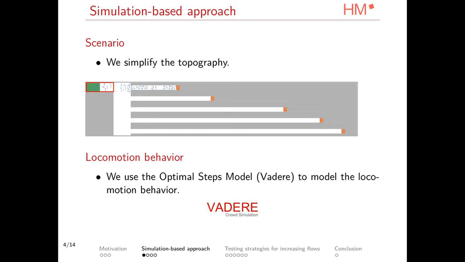The agents, that are the virtual pedestrians, are spawned in the green source on the left. They use the shortest path to the target on the right, that is the end of every single corridor. To model the locomotion behavior, we use the optimal steps model that is implemented in the Vadere simulator.